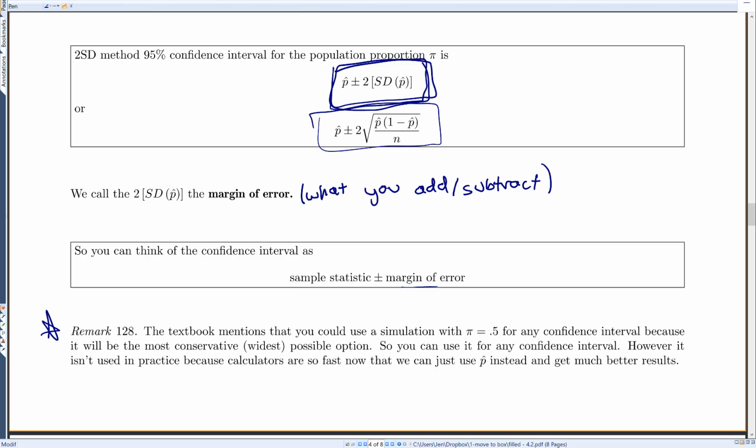So coming back to our notes, pi equals 0.5 has the biggest standard deviation of the possible sample proportions for any value of pi, or compared to any other pi.